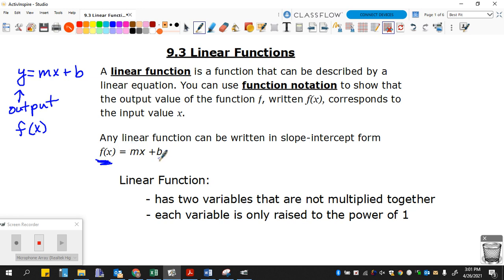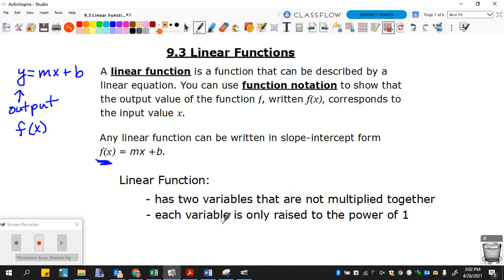Now, a couple of basic rules: in order for it to be linear, it has to have two variables that are not multiplied together. They can be added together, but they cannot be multiplied together. You can say x plus y, but you cannot say xy or x times y.